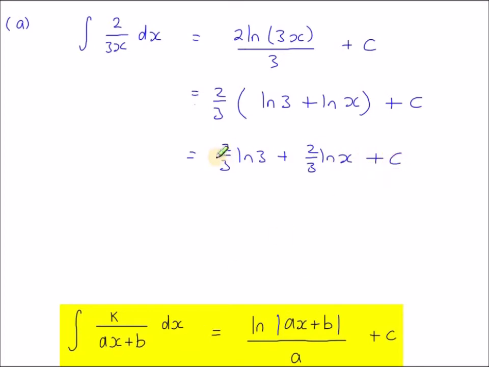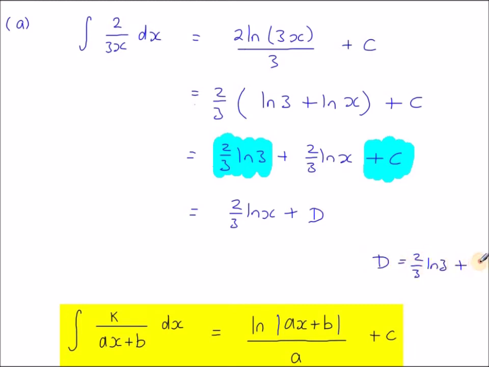We have a constant term here, and another constant term, and we can combine those two constants into another constant. Let's call that new constant d. So then I've got 2/3 ln x plus some constant, where d is equal to 2/3 ln 3 plus c.